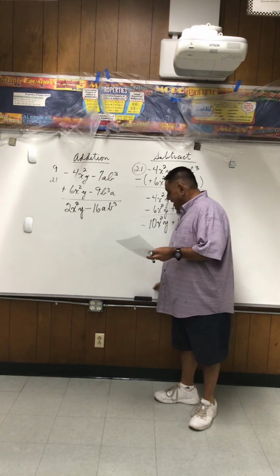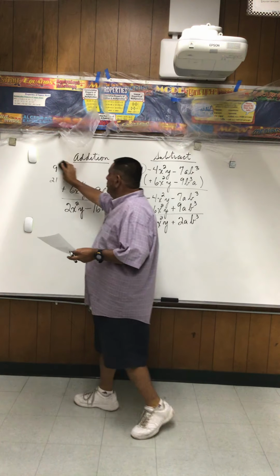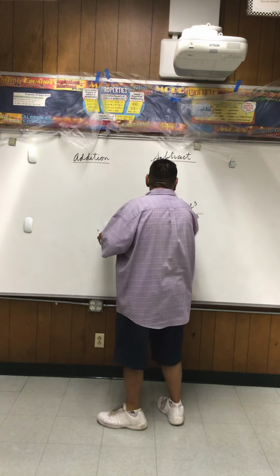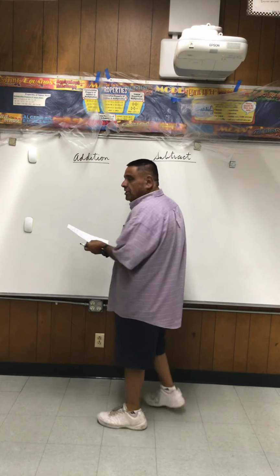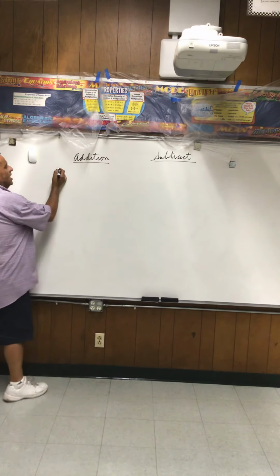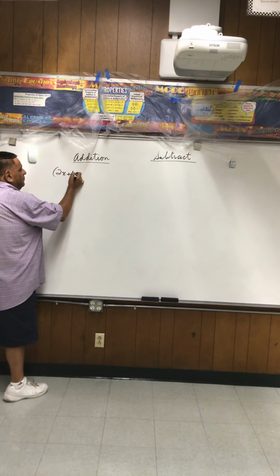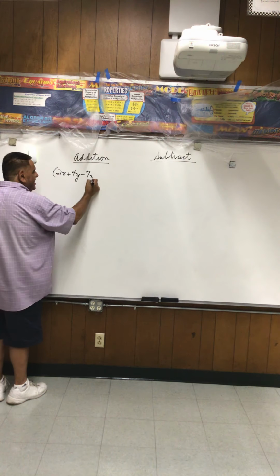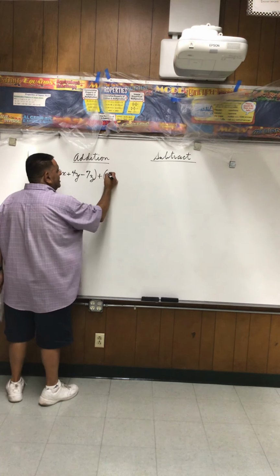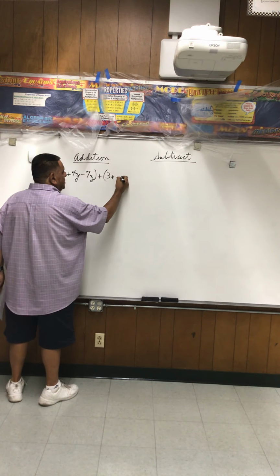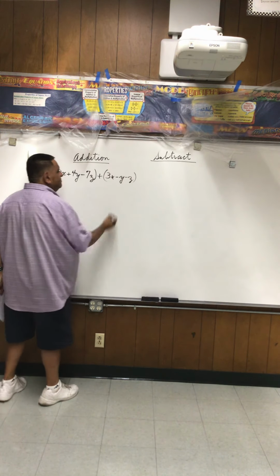All right? Now, the additional part of this homework is going to be where you have them horizontally, which are a little bit easier. So for example, let's say I give you this problem horizontally. 2x plus 4y minus 7z plus 3x minus y minus z.